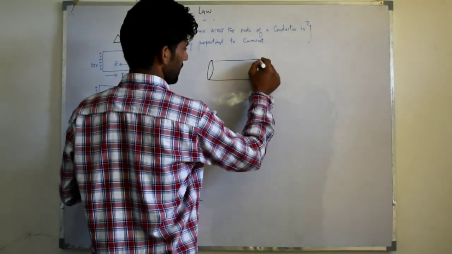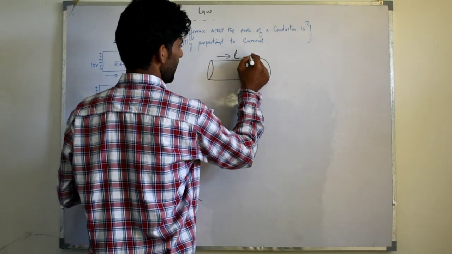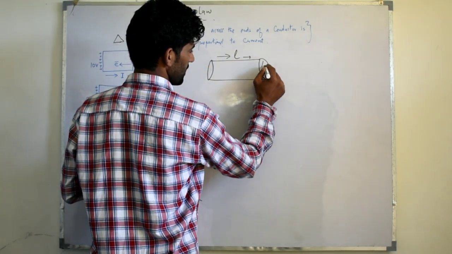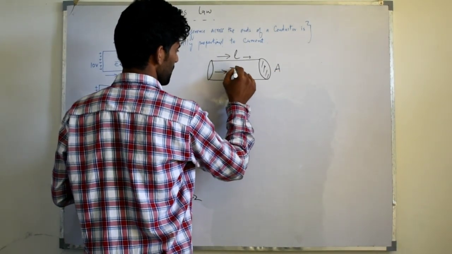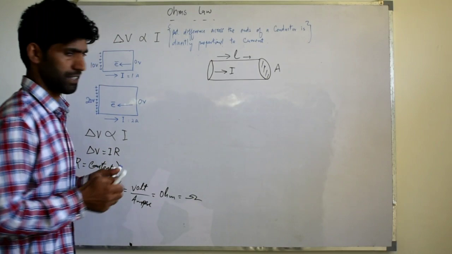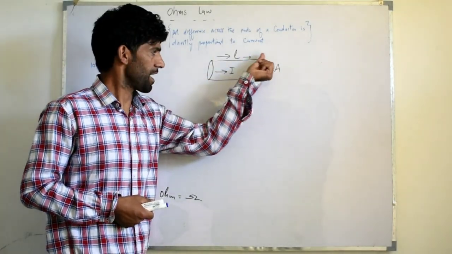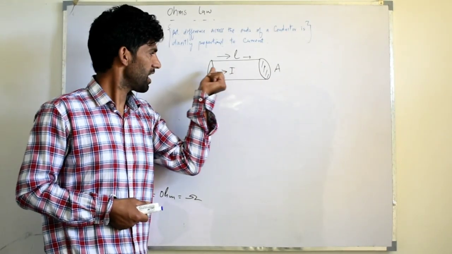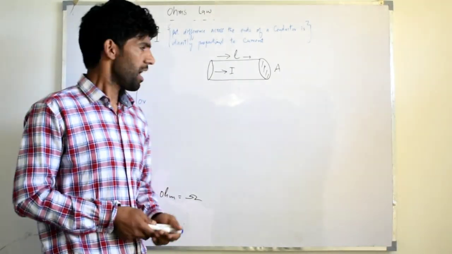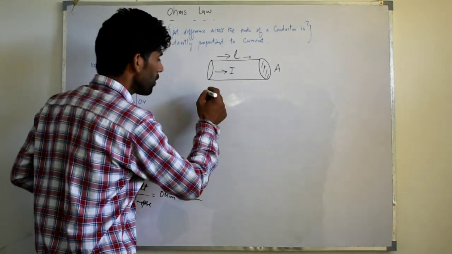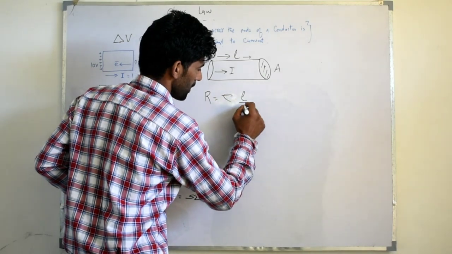If this is a conductor, and its length is L, area of cross section A, and current I is flowing in this direction. We know the formula for resistance R is equal to rho into L divided by A.